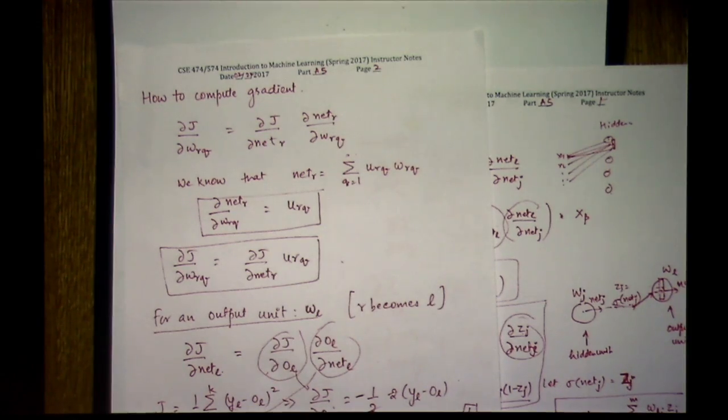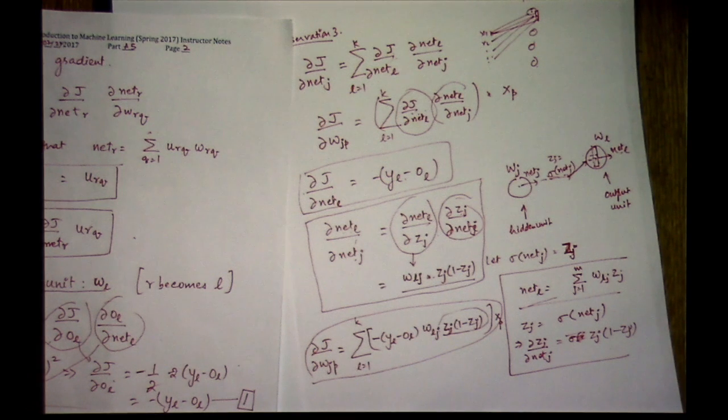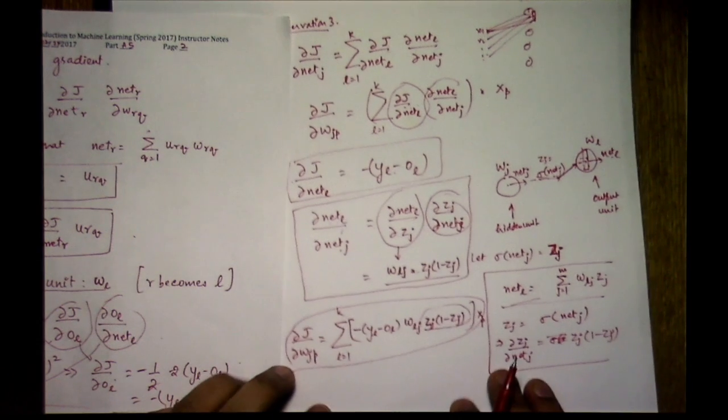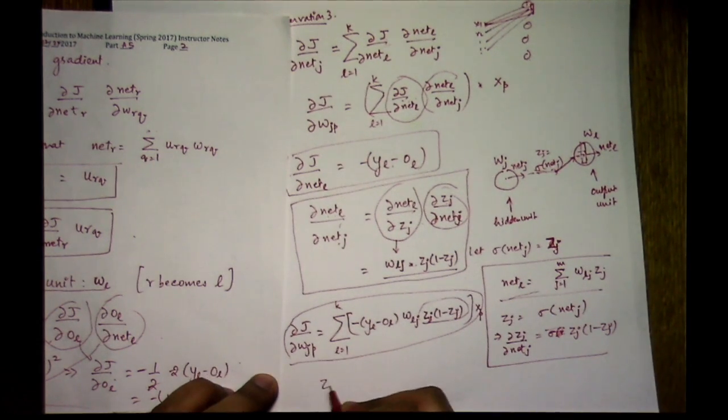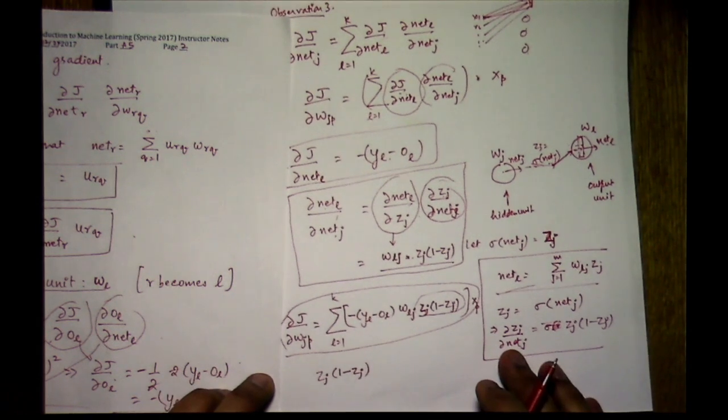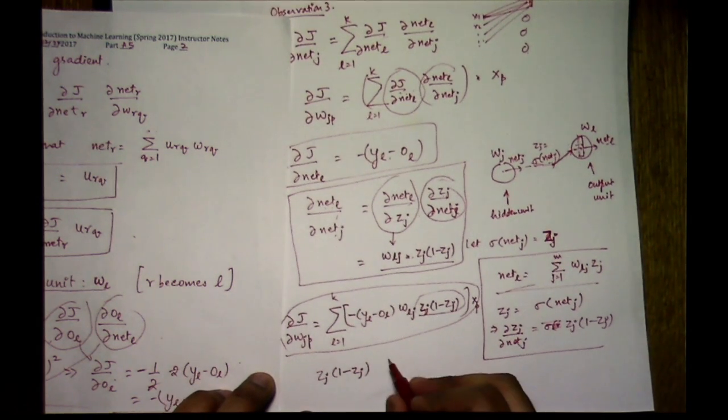But if you look at this, and that's the part I skipped, you can call this part zj(1 minus zj) times the summation.